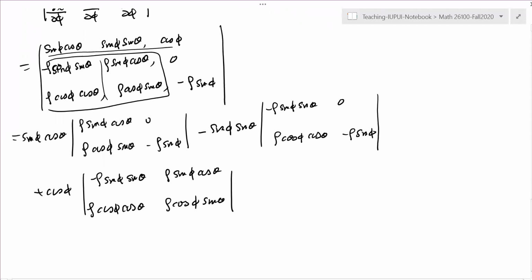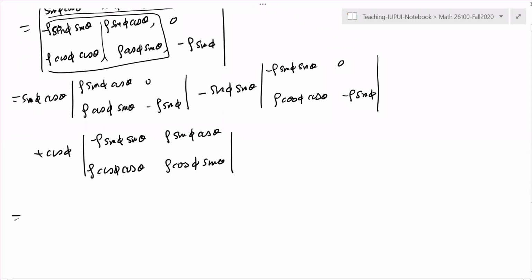Then lots of terms, right? Here, the first term will be, I think, negative rho square sine phi square, then sine cube phi, and cosine square theta.